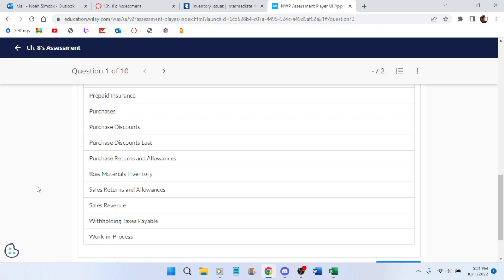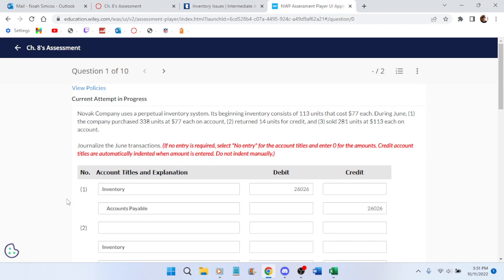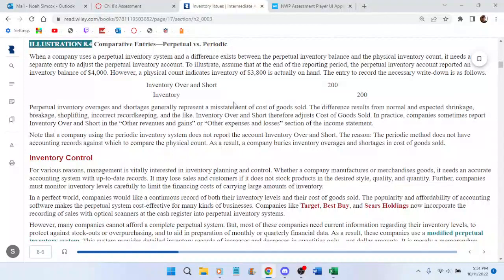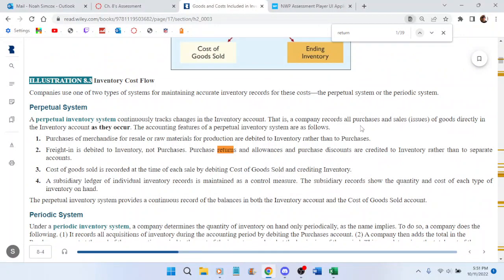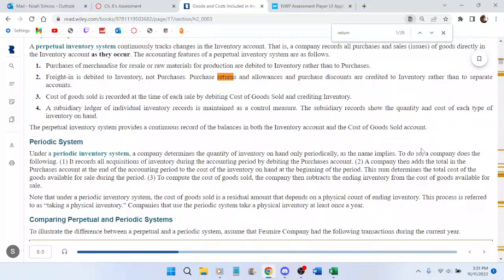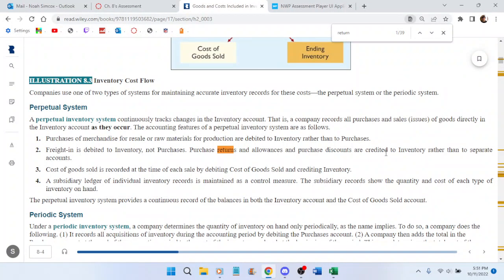Now, returns. This might be a return. Purchase returns. They should have told you how to do that. Oh, never mind. It says purchase returns are credited to inventory. It says you credit inventory. Do you debit accounts payable?